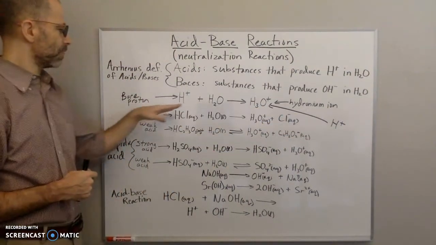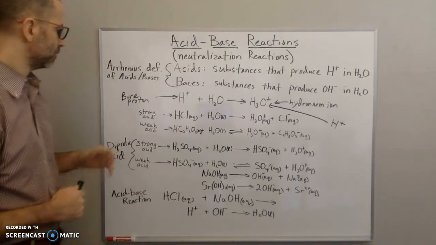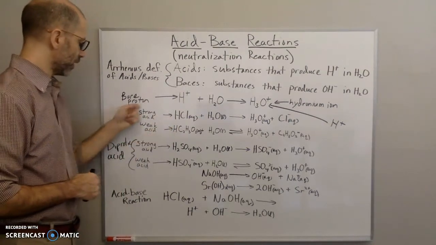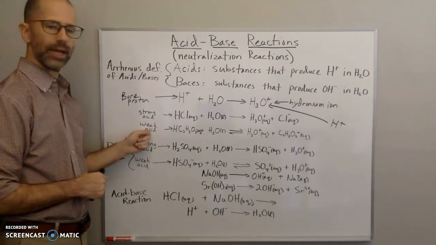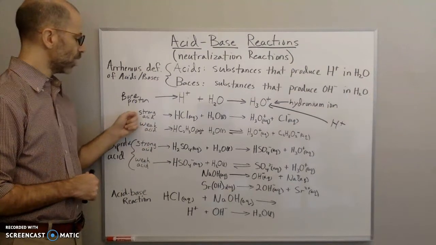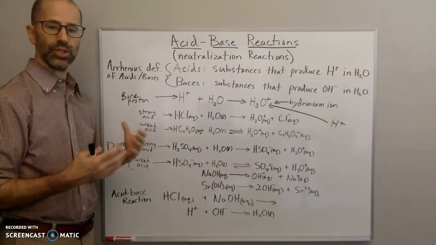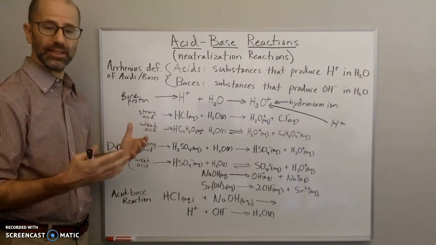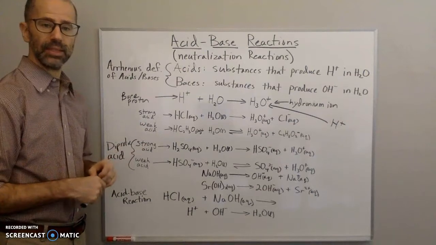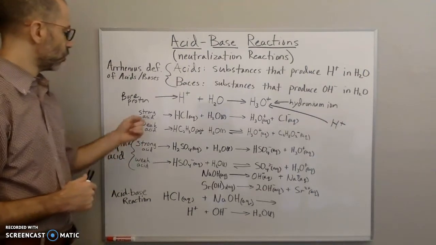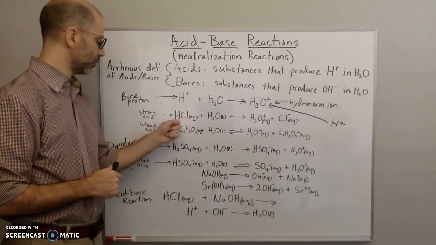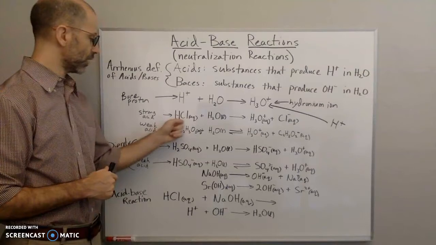Okay, so that's what's going on with the acid. And again, I want to bring in this idea of strong acid, weak acid. A strong acid is something that ionizes completely in water. This is an example of a strong acid: hydrochloric acid.